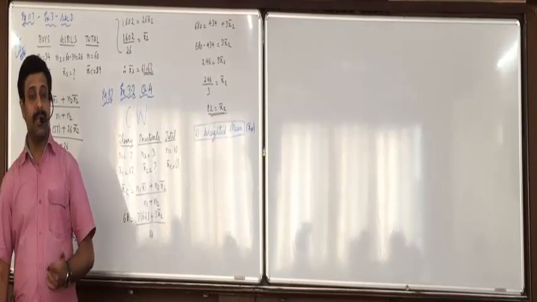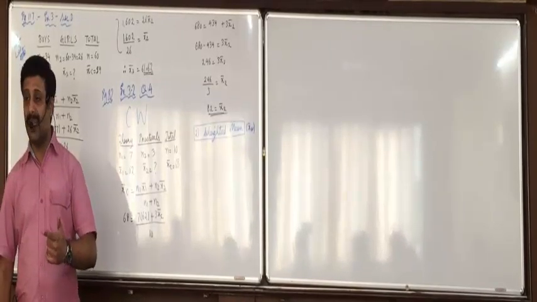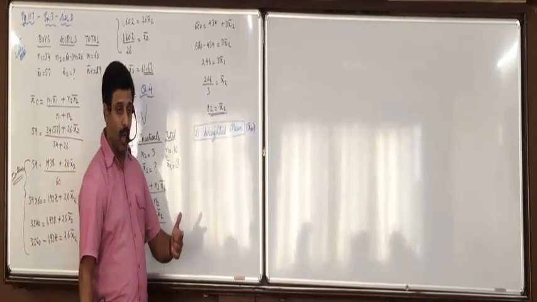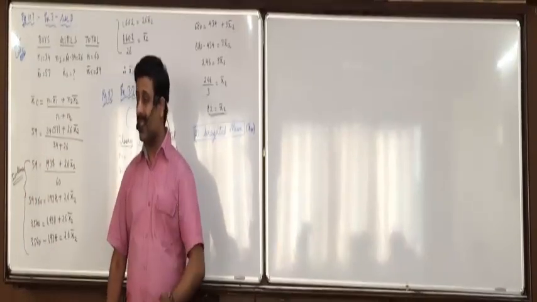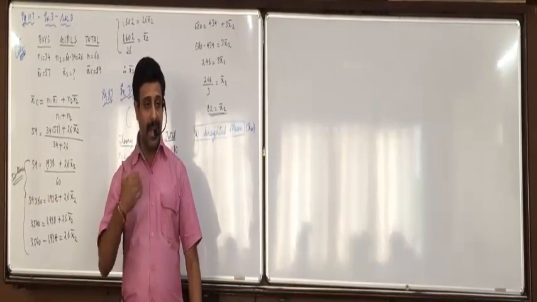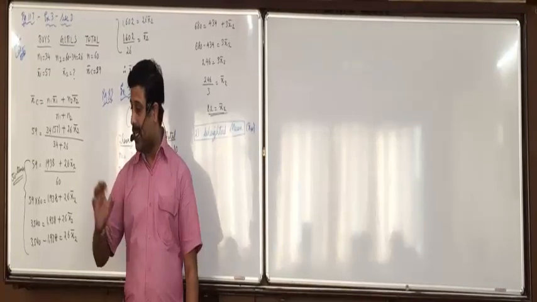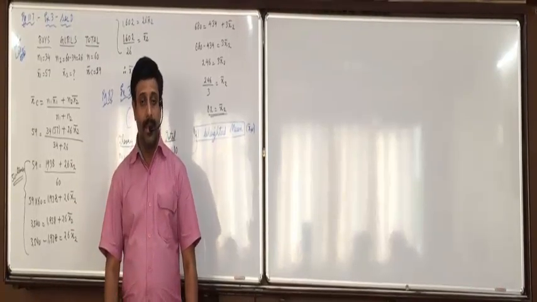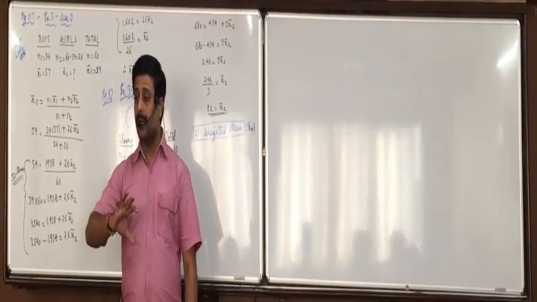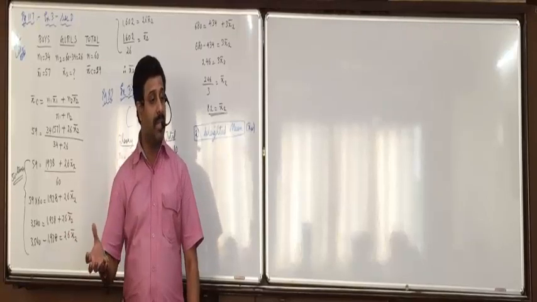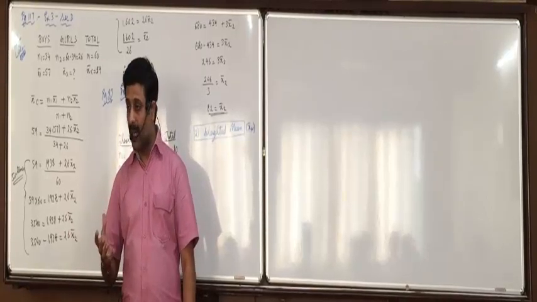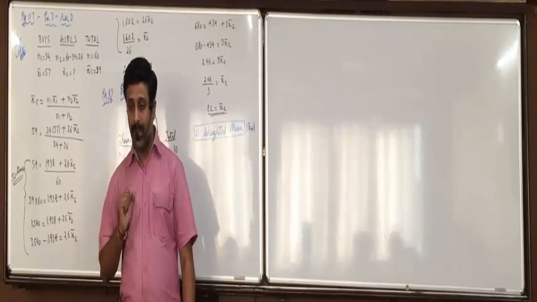I'll give you an example. Suppose you want to find the mean spending of a poor person, the mean expenditure of a poor person. Then all the commodities which a poor person purchases are not equally important for him.